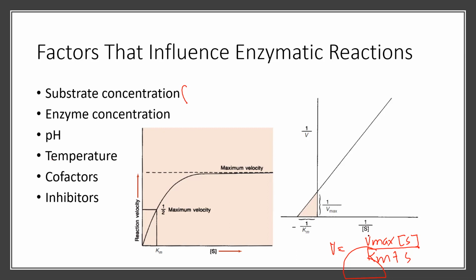And any change in the pH may cause denaturation of the enzymes. Take note that most physiologic enzymatic reactions take place at pH 7.0 to 8.0. But there are other enzymes that require a wide variety of pH range.